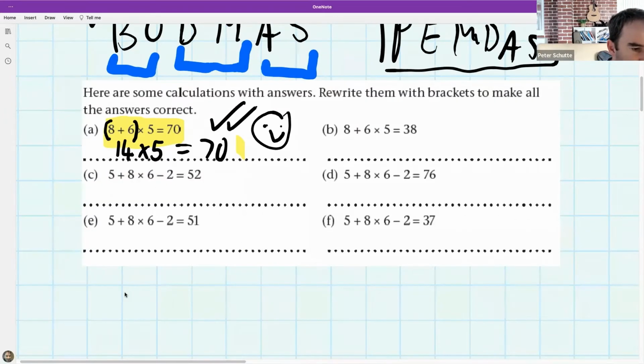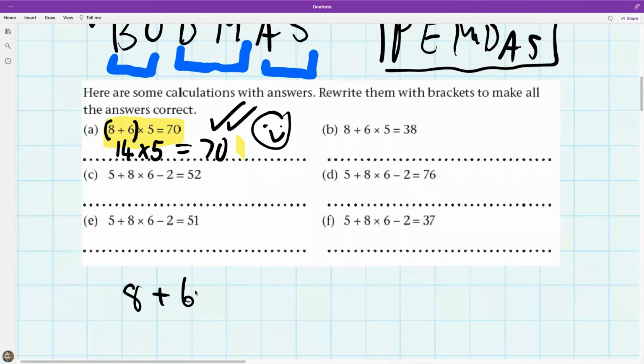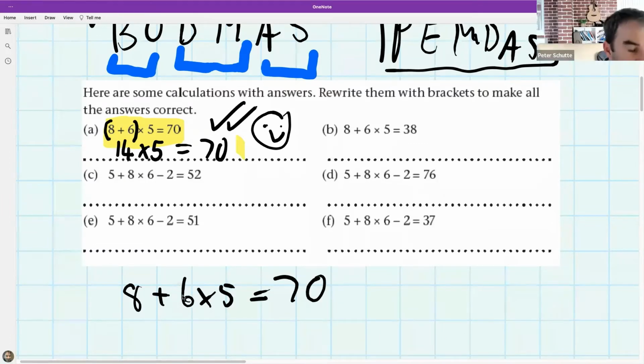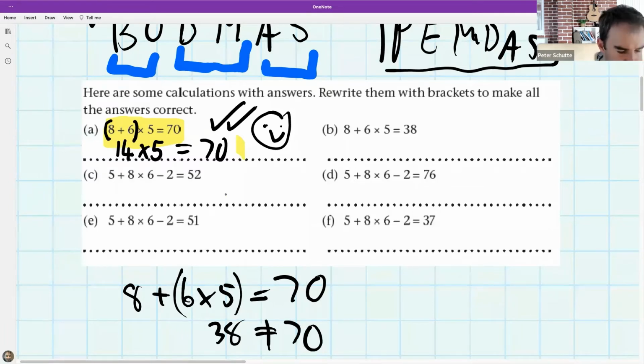If we go 8 plus 6 times 5 equals 70, at the moment we automatically have to do 6 times 5 first, because multiplication comes before addition in the BODMAS order. So if we add brackets here, we're not actually going to get anything new. It's still going to evaluate to 38, which is not equal to 70.